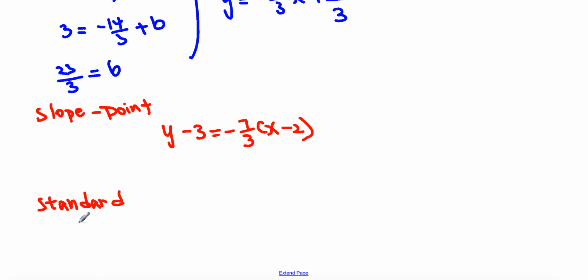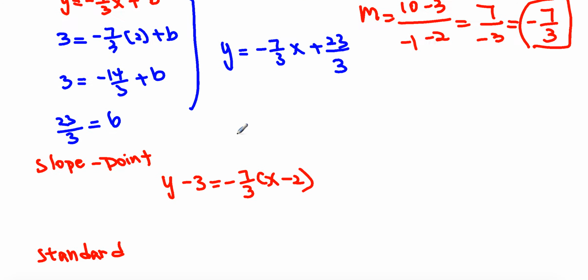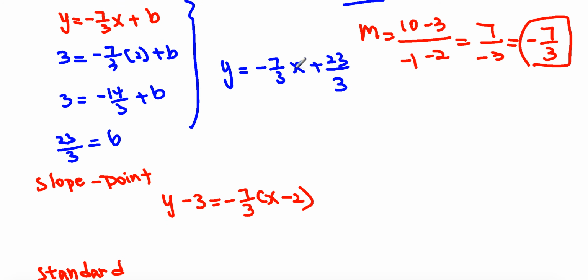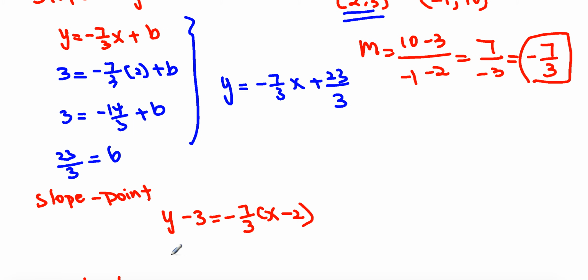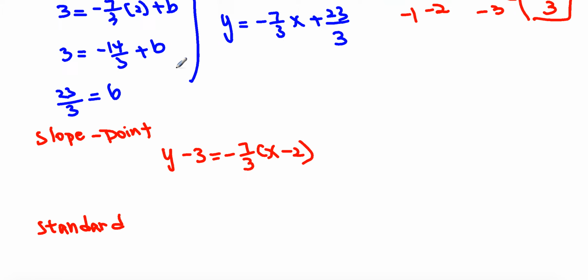In fact, one of the ways we can do this is to convert each equation to standard form, and then hopefully we should get the same answer. So for the first one, even though this is slope y-intercept form, in order to convert it to standard form, I'm going to multiply everything by 3.